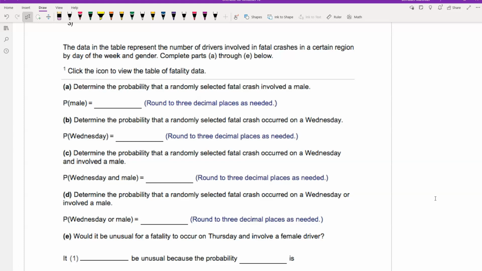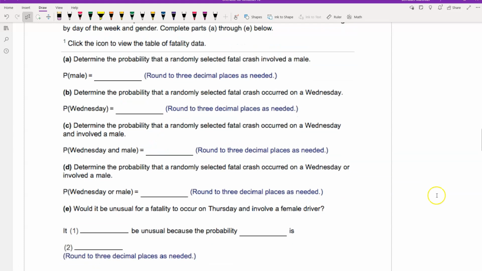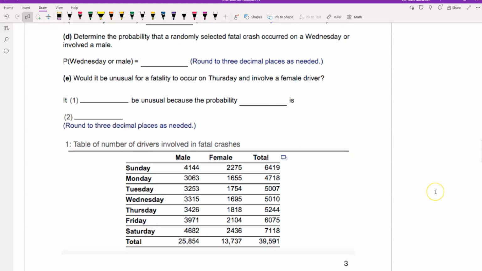Part A asks to find the probability of male. Here we have the table total, that is 39,591.